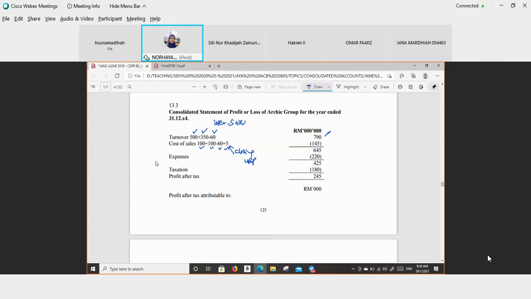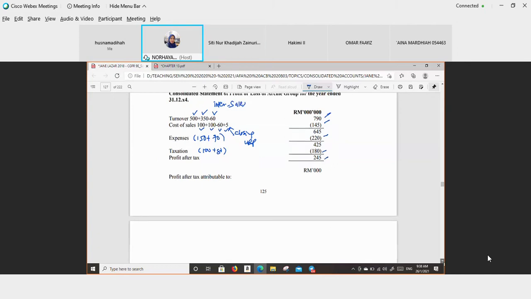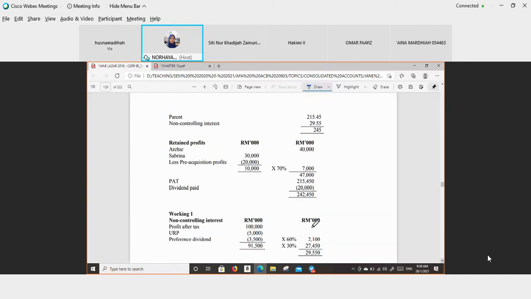Expenses, Khadijah. 150 plus 70, 220. Taxation 100 plus 80, 180. Okay, and then profit attributable to, first you calculate for the non-controlling interest.